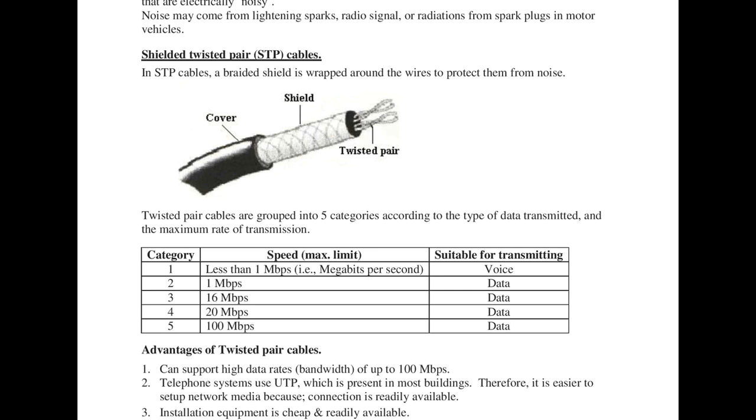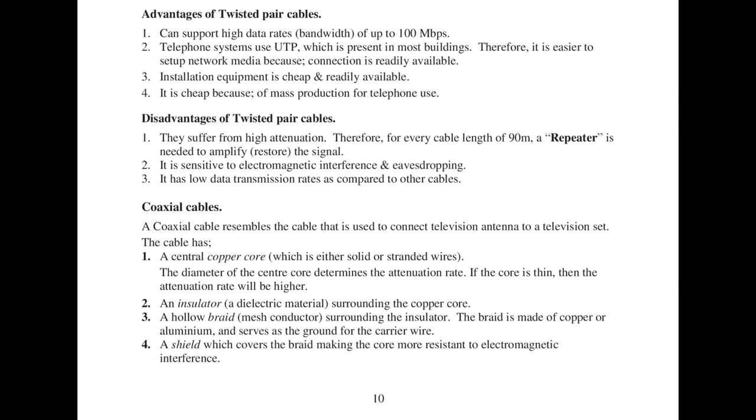We have category 3, 16 Mbps, category 4, 20 Mbps, category 5, 100 Mbps, which is a very high speed. They are all suited for data. In your free time, guys, go through the advantages of twisted pair cable and others. Then you can just pause the video so that you can scribble them down.